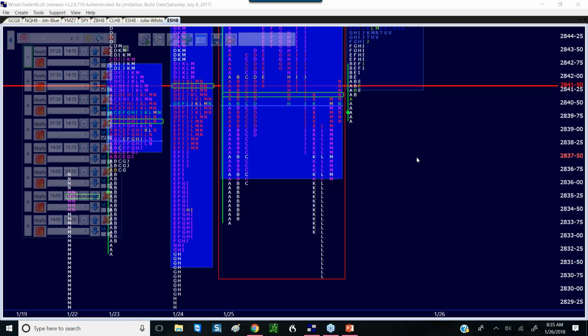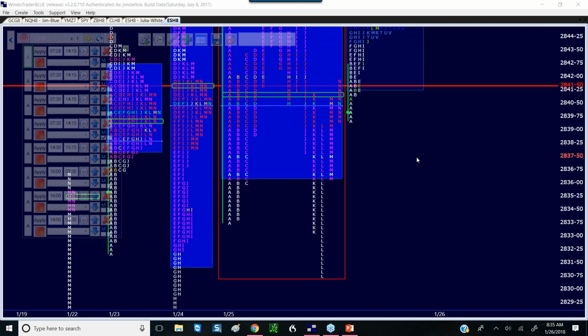And volume, I estimate based upon how much time has been spent at any level. Is my volume perfect? No. But the problem with using a volume point of control is that it does not bring in the element of time. The element of time is far too important to overlook.